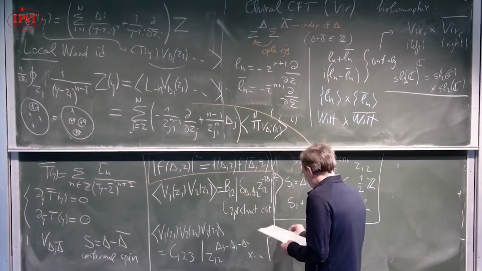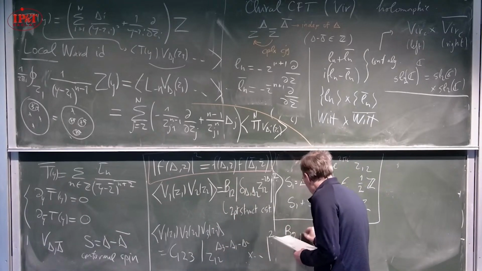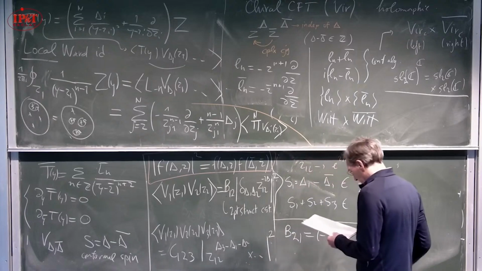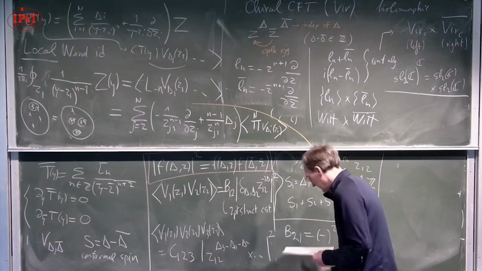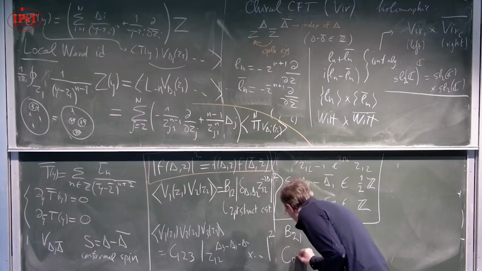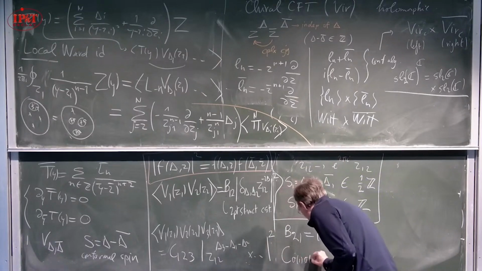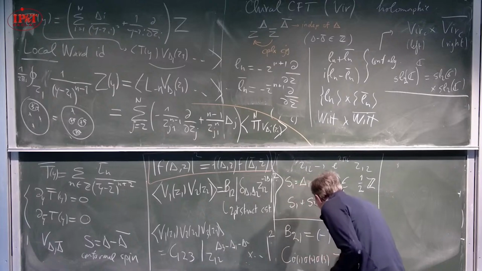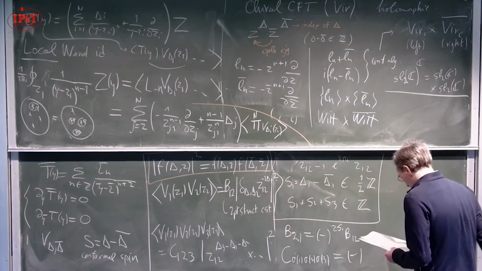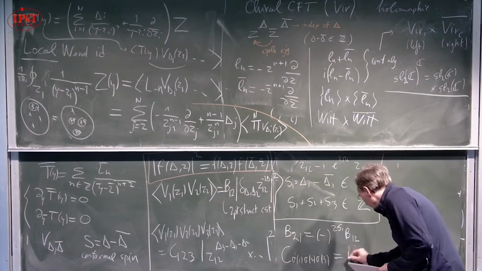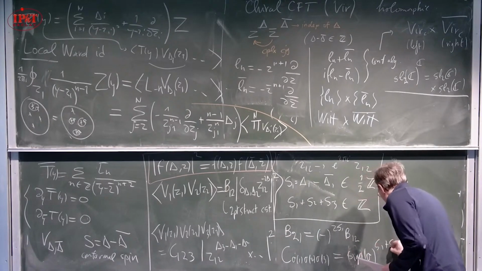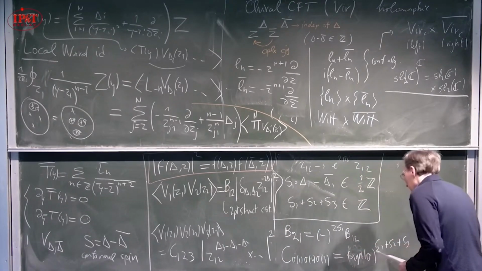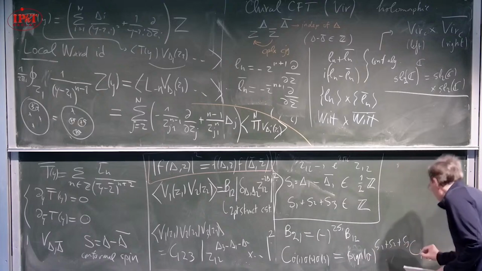The constraints are B21 equals (-1)^(2S1) B12, and for C, with sigma some permutation, C of sigma(1), sigma(2), sigma(3) is the sign of the permutation sigma to the S1 plus S2 plus S3 times C123.